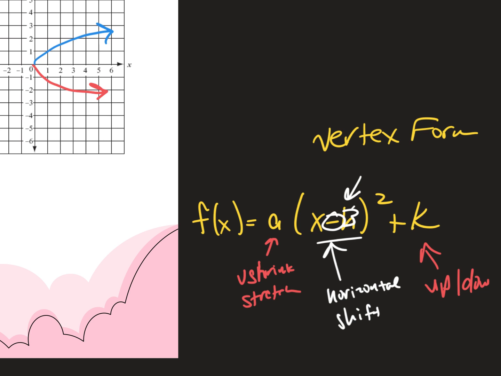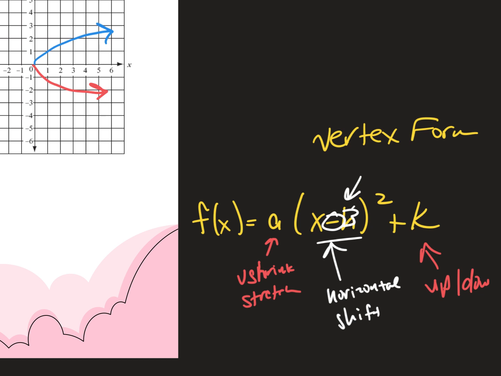If I wanted to move it left 3, I'd plug in a negative 3. Well, what happens when you have minus and negative? It becomes positive. So once we get to vertex form, this will make a little more sense. But it's because in the original equation, there's a minus inside, so it changes the sign of the inside. Does that make a little bit of sense?